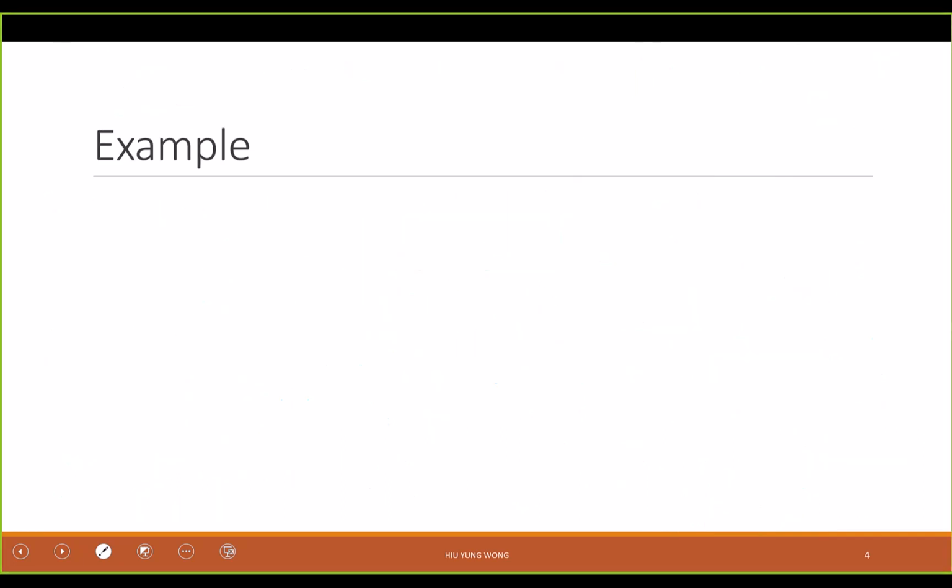Let's do an example. Example is the best, right? For example, I have sigma x. What is sigma x again? 0, 1, 1, 0. Okay?